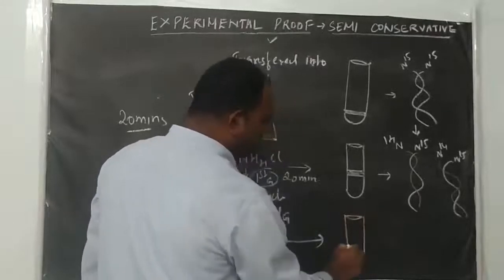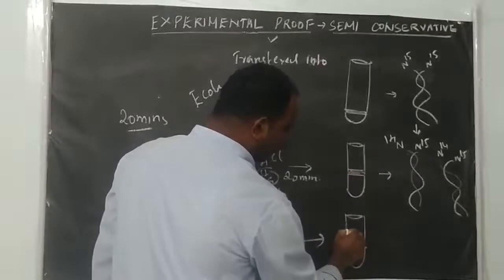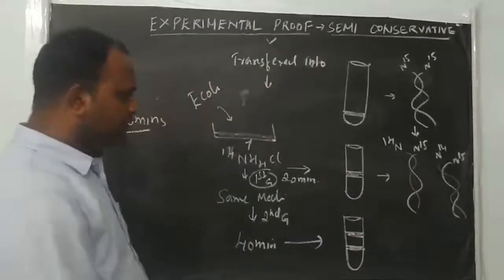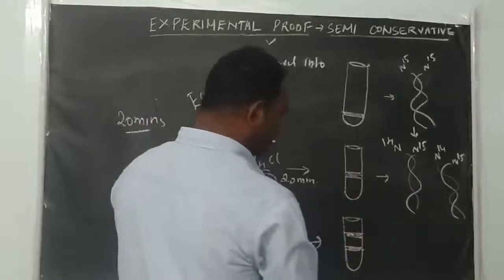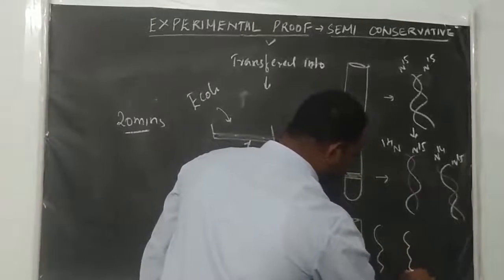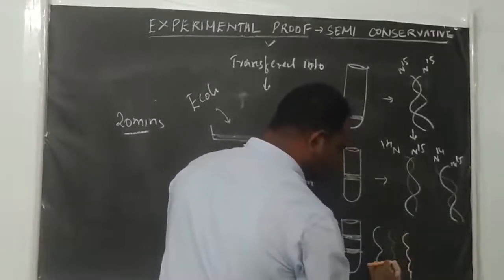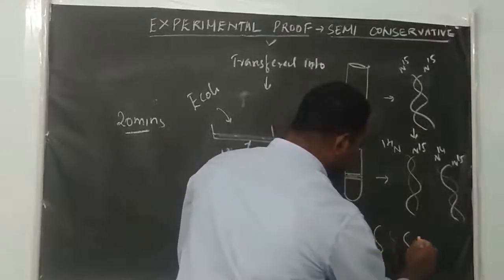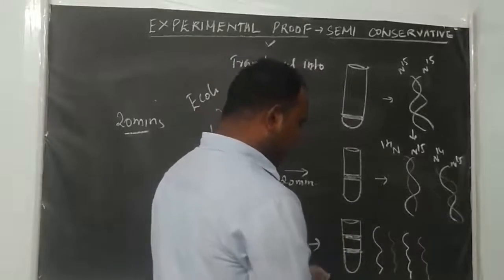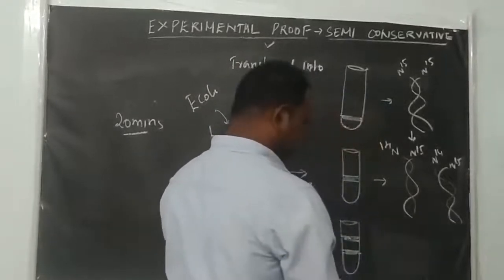Here they got one band in the same position as in the first generation, and up at the top level they got another band. You see, there are 4 strands here. These 4 strands unwind like this, and all 4 strands act as a template.